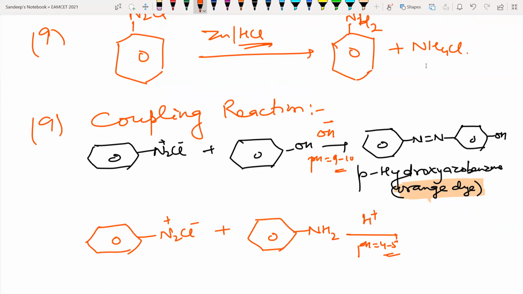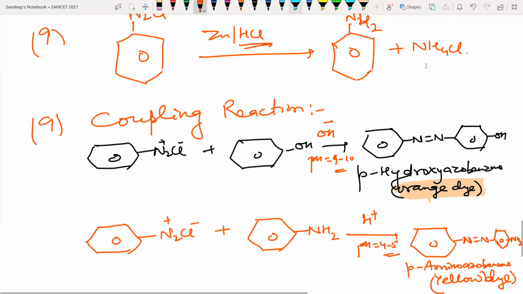So this you have to keep in mind. It forms para-aminoazobenzene, and the color of this compound is yellow. So it is a yellow dye. So keep this in mind, student. So this way coupling reaction occurs.